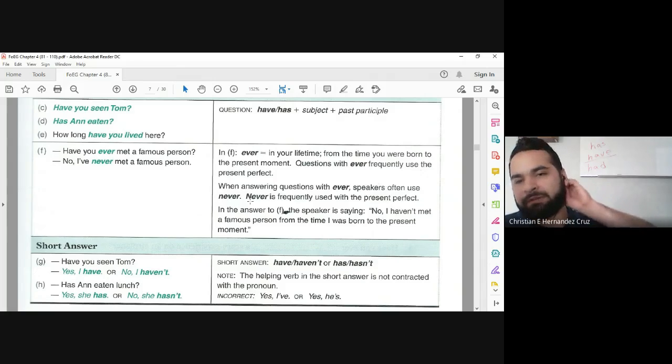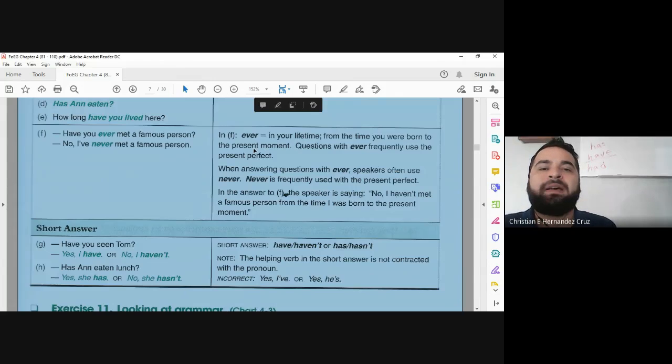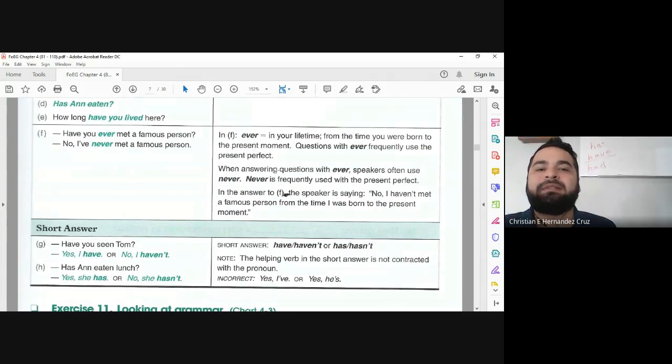Never is also frequently used with the present perfect. In answer to F, which is this question here, the speaker is saying, no, I haven't met a famous person from the time I was born to the present moment. So basically, have you ever met a famous person? No, I've never met a famous person. They both imply at some point between the moment you were born until right now.